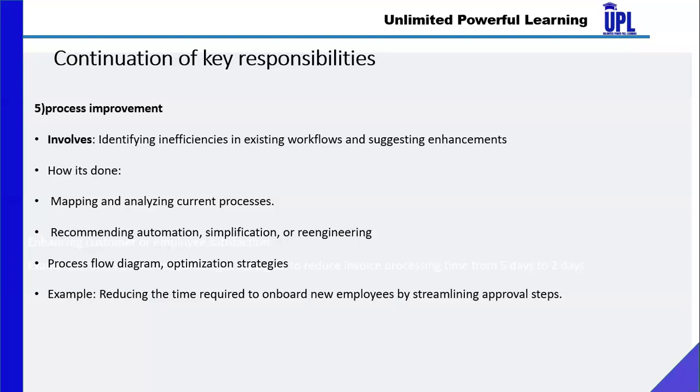Process improvement: identifying insufficiency in existing workflows and suggesting enhancements. Sometimes whatever we have written will not be good. When you put it on paper, it feels wow, there are so many words and they make a lot of sense.